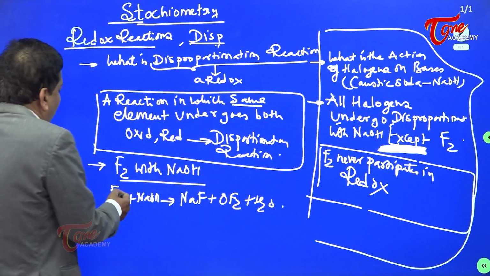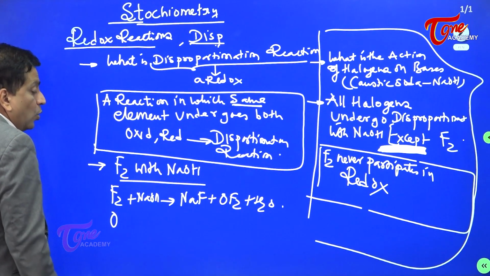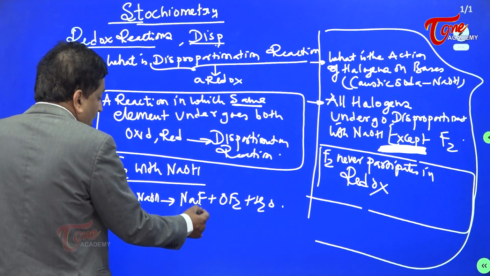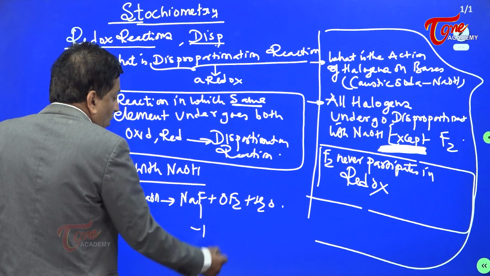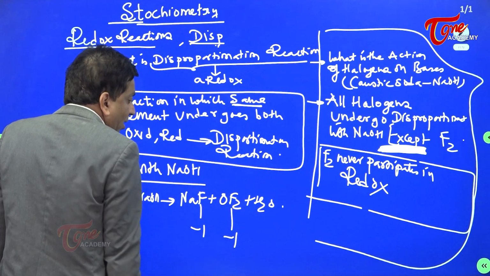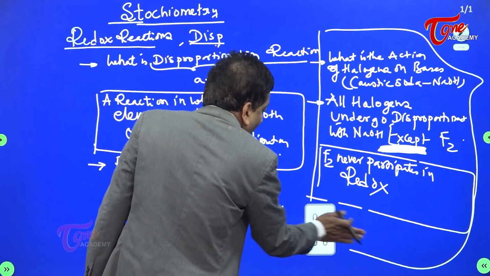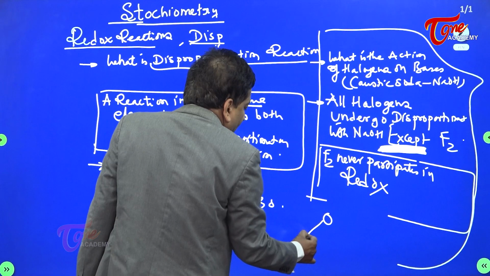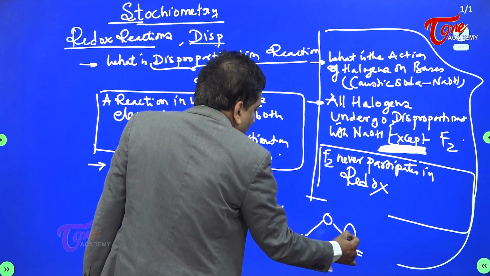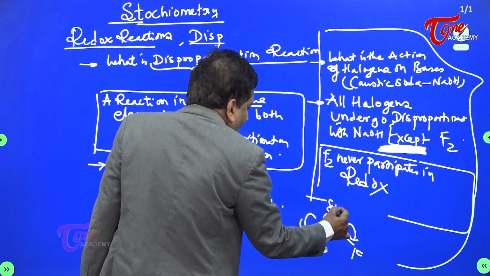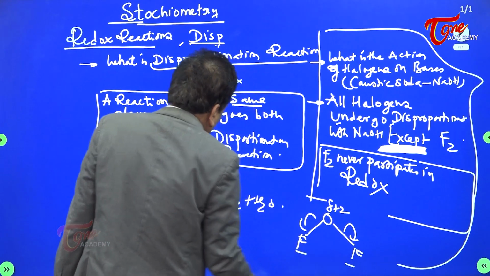Look into this. The oxidation number of fluorine is 0, and here it is -1, and in OF2 also it is -1. OF2 looks like this, and fluorine is pulling, so you develop a double positive charge on oxygen. This is negative, that's negative.